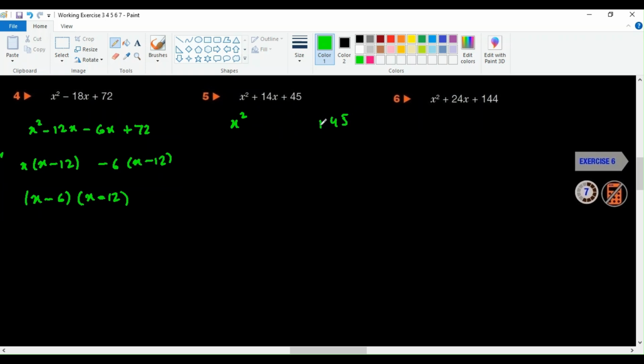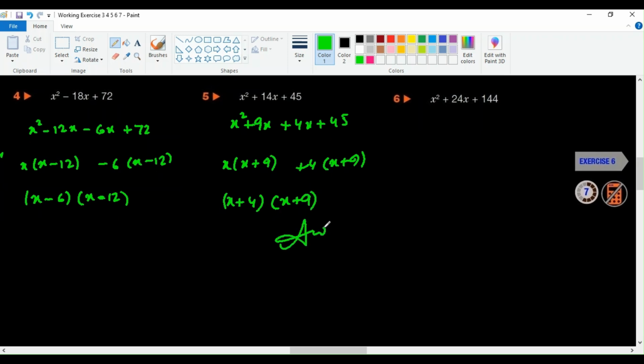So I will write plus 9x minus 4x plus 4x rather. So this gives us x plus 9 in one bracket. Copy down this bracket once again, and plus 4 I will write like this. So x plus 4 and x plus 9 are two factors of this question.